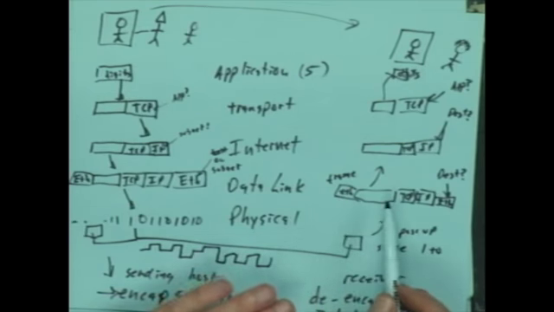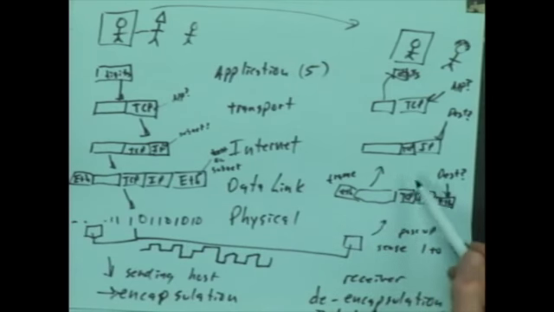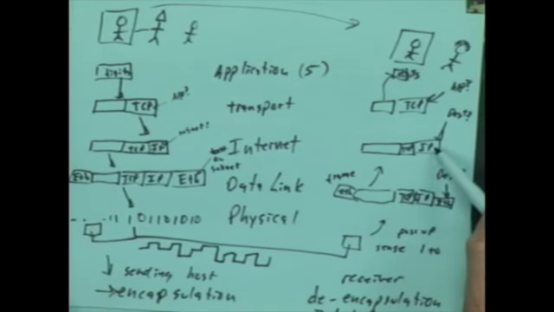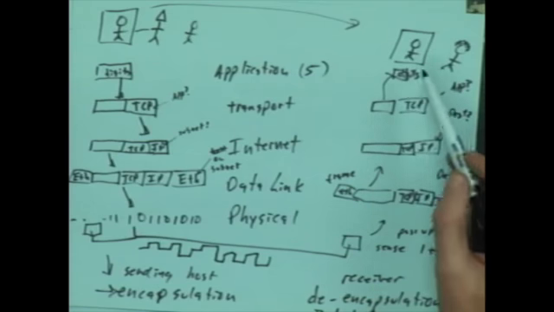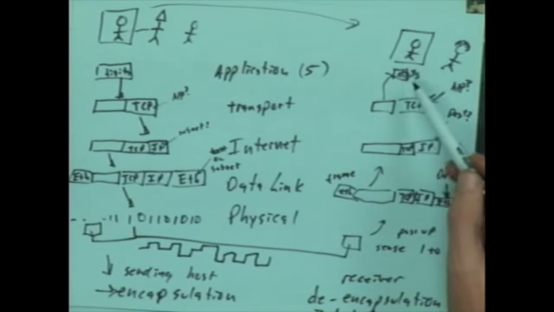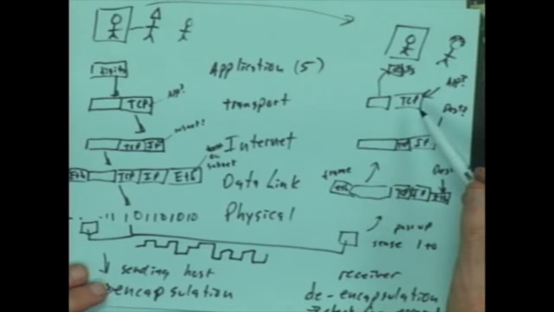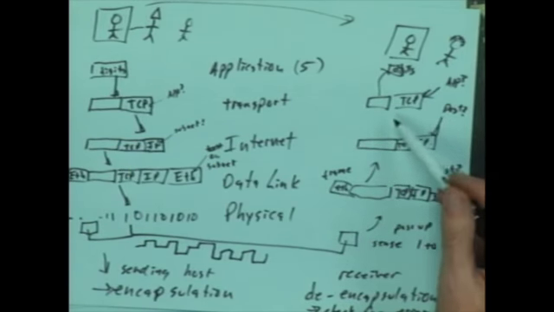It's going to stop. We don't pass it up, because if it has errors in it, it's not going to work. Sure enough, it gets up here, and this one will check for errors too. Everybody checks for errors along the way. Sometimes the applications even do it, but usually an application assumes it gets clean data. Everyone checks for errors as it goes up. If there's an error in it, it doesn't pass it up.